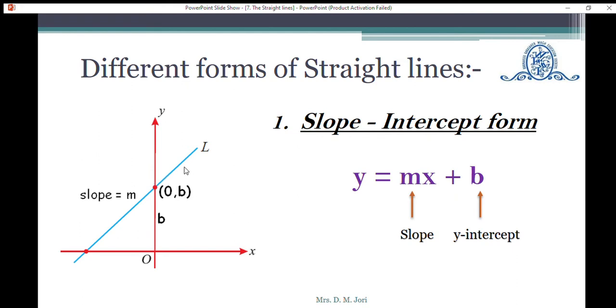The point 0 comma b is the point of intersection of line with y-axis, so its y-coordinate will be our y-intercept. So if slope is known and y-intercept is known, this intercept is only for y-intercept, not for x-intercept.